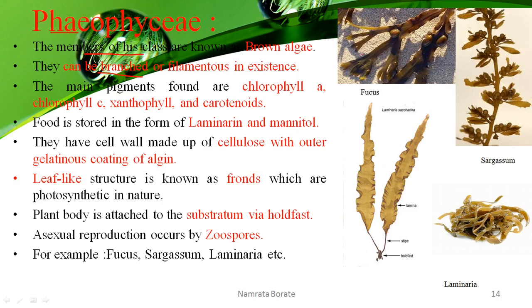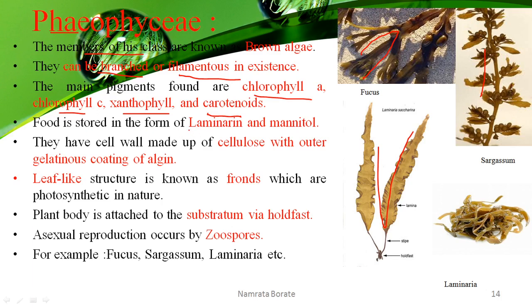You can see the presence of branches, a branched filamentous form. The main pigments found are chlorophyll A, chlorophyll C, xanthophyll, and carotenoid, which is a yellow color and somewhat orange.